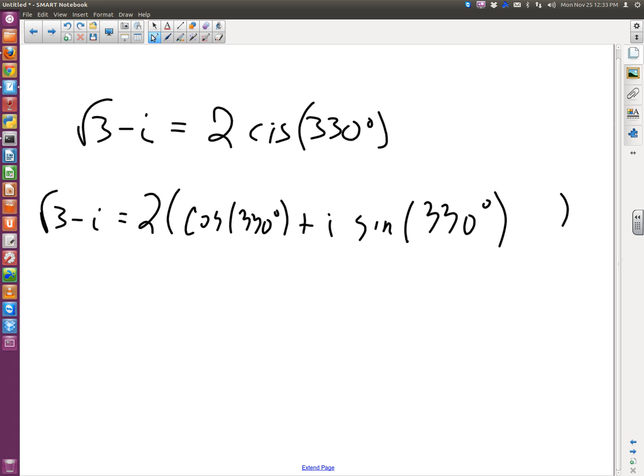If theta is 270 degrees, what's the sine? -1, the y value, right? So what's the cosine of 330? Let's see, where's 330? If this is 30, this is 330, right? Okay. So I'm in the fourth quadrant. The x's are positive, the y's are negative. That means the cosines are positive, the sines are negative, okay?